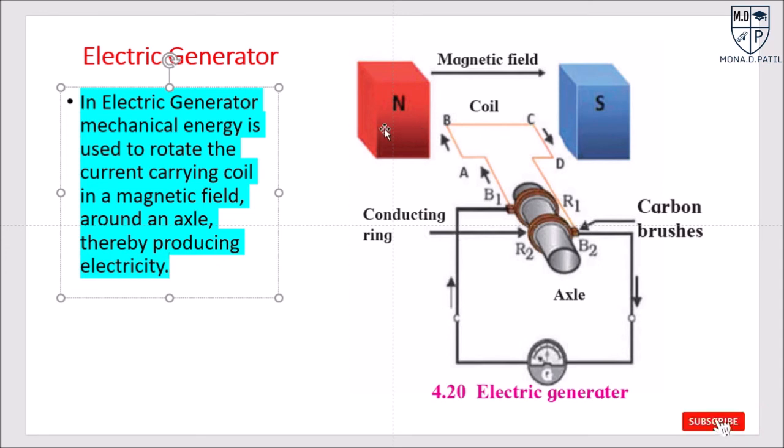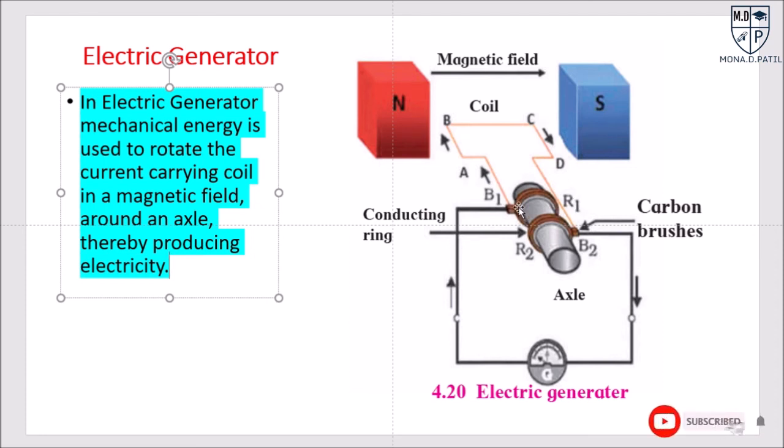So here the working: this is the horseshoe magnet, north pole, south pole, and between these poles the loop of coil is adjusted, which has two branches AB and CD. You can see that the arrow represents the direction of current.